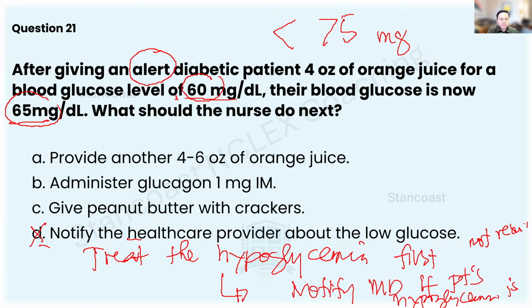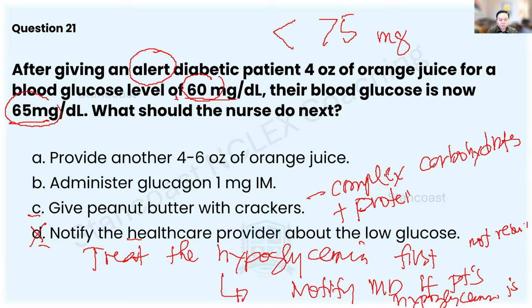So this is incorrect. If you answered letter C, give peanut butter with crackers, we can administer the complex carbohydrates and proteins only if their blood sugar has been stabilized already. Complex carbohydrates and proteins are indicated, guys, when your patient's blood sugar has been stabilized already within the safe range.